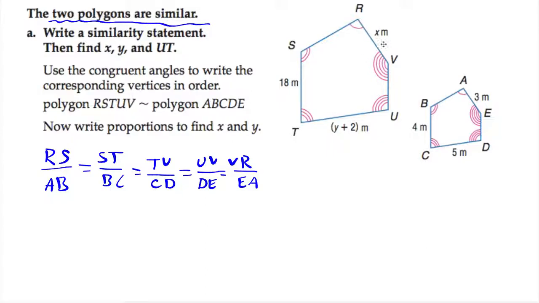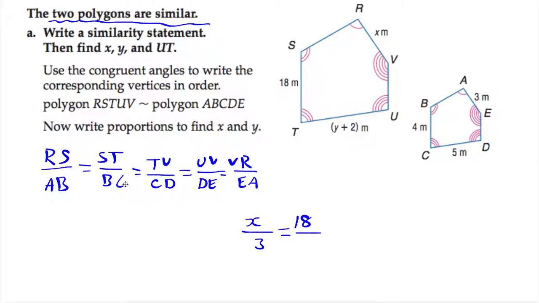So if we look at x, x is RV. So that's right here. So x to EA, or AE, x to 3 is equal to, well, we just need any other two sides. Well, ST is there. Notice that's on the same triangle as the side with x. So we're going to have that both in the numerator. ST is 18.